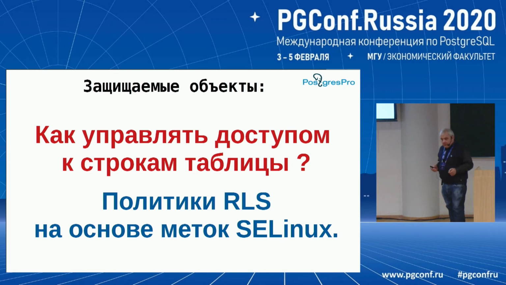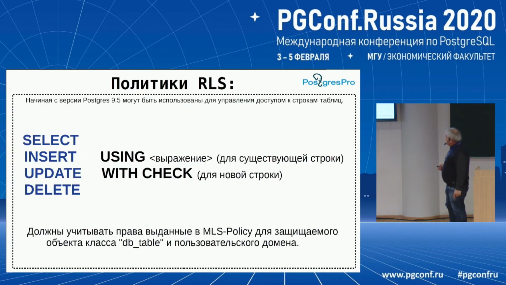Valery spoke about the RLS policies, but there is one interesting feature. As compared to Bob and Alice examples, we built our RLS policy on the basis of security labels of the SELinux policy. This is important. A few words about the policies.